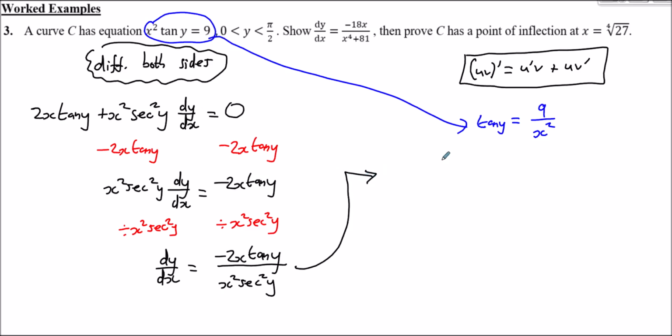However, I want this all in terms of x's. So tan y, that's easy enough. I know that tan y now is this, but sec squared is no good to me. I need to remember an identity that we can get sec squared in terms of tan squared.